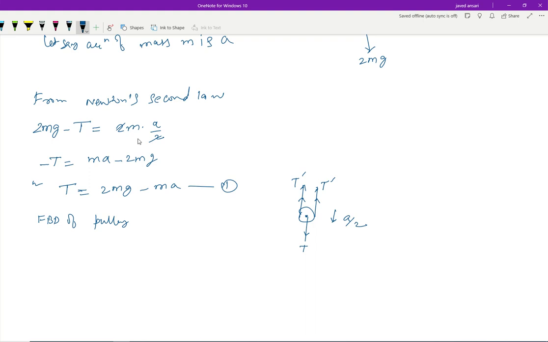So this way if you 2 T dash, let's not 2 T dash, let's assume T going downward, right? T going downward minus 2T dash upward equal to mass 0 times acceleration which is 0, right? It means T equal to 2T dash or T dash equal to T by 2.